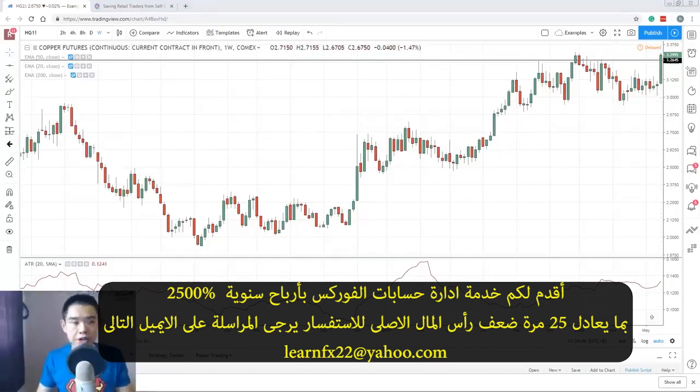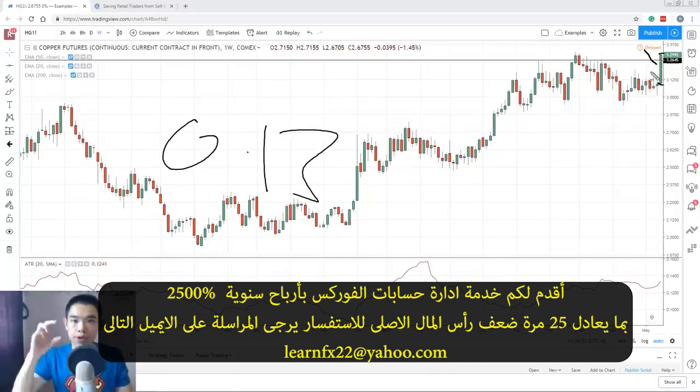So the average ATR value on the weekly time frame for copper is 0.13. Now find out what is the range of this particular candle over here. Just take the high minus the low.